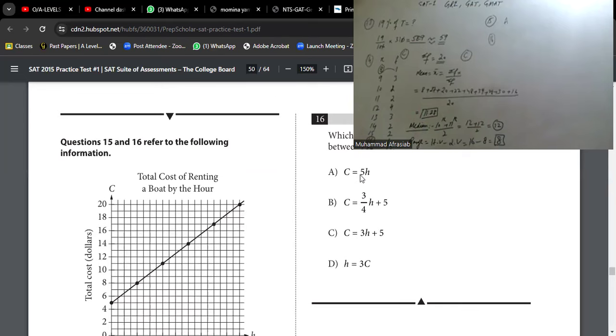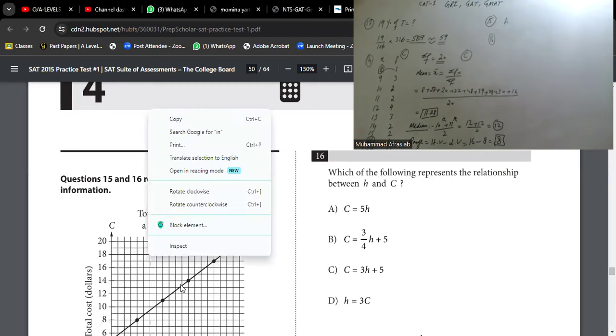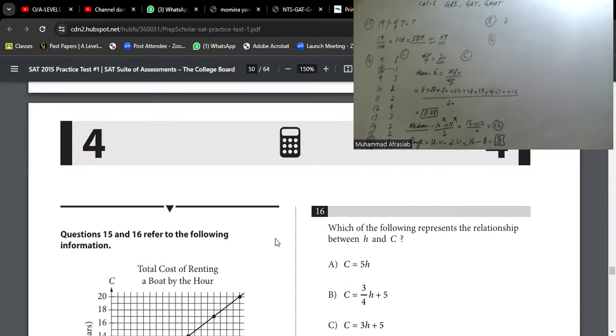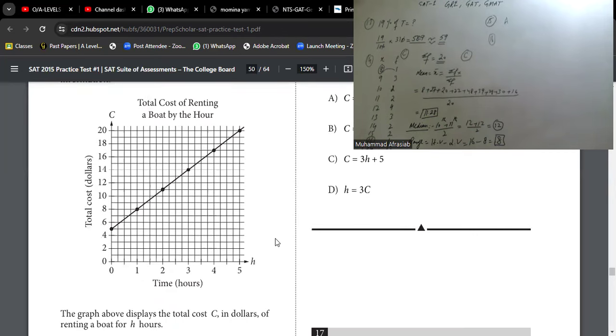If we look at this graph again, since the graph passes through 0 and 5 on the y-axis, the point is (0, 5). We have to select two points and then we get the relationship between them.